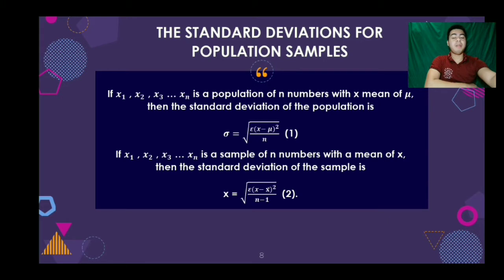If x sub 1, x sub 2, x sub 3, and so on is a sample of n numbers with a mean of x bar, then the standard deviation of the sample is the square root of the summation of x minus the sample mean squared, over n minus 1.